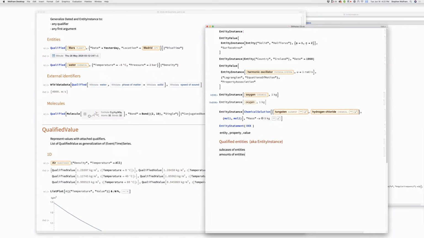And subcases of entities could be date, time, whatever. Now, depending on what kind of entity it is, there might be a meaningful amount or that might be meaningless. Correct. I would argue that, say, the dated, which is the time one, is a version of subcasing. But if we would have the yesterday shortly mentioned geoplaced one, I don't think it's a subcase. Like if a person is at a certain place, I feel like it's still the same person. It's not a subcase of the person.